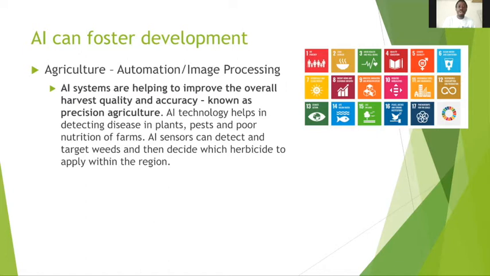So for example, agriculture, we can use AI to improve quality and accuracy of growth of plants, to detect diseases in plants, using sensors to target weeds and detect weeds so that you know where to apply herbicides. And these are things that can actually help actual development, especially in places where we're talking of low resource environments.